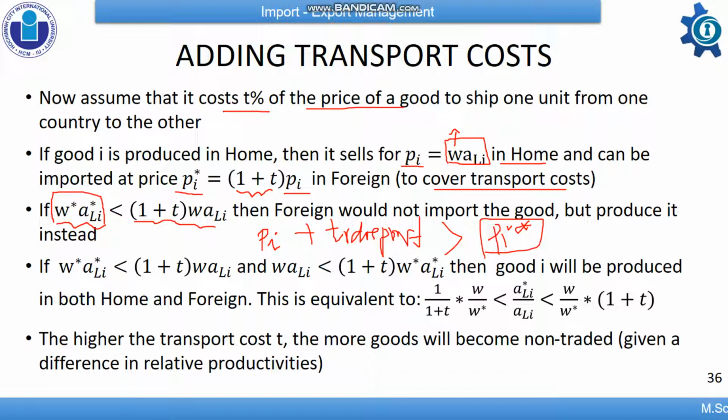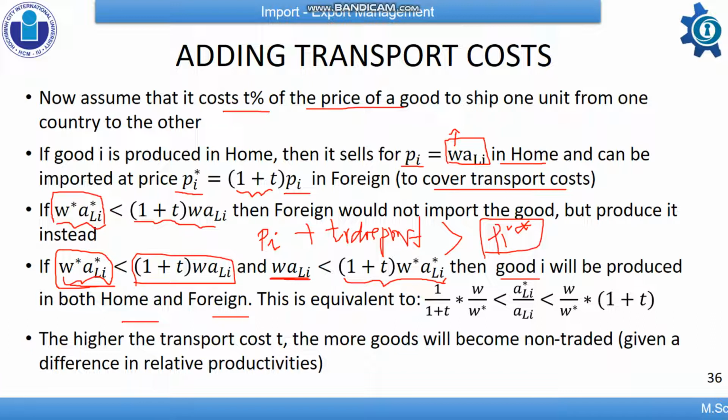And if the price in the foreign country is less than the import price from the home country, and the price of the product produced in the home country is less than the imported product from the foreign country, then good i will be produced in both home and foreign country.